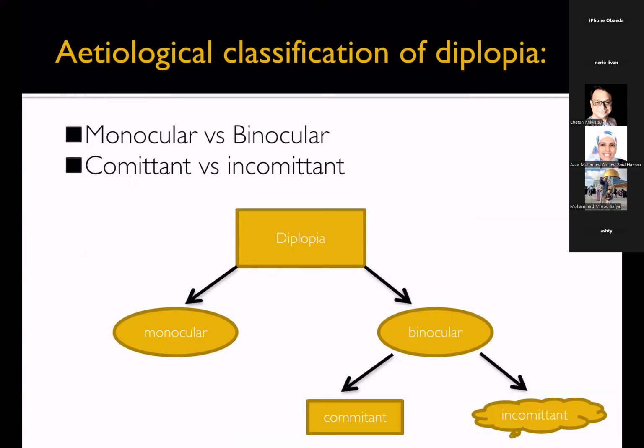Going through the etiological classification of diplopia, whether the diplopia is monocular or binocular, we said that we will go through occlusion of either eye. If the diplopia disappears by occlusion of either eye, it's binocular. If it doesn't disappear by occlusion of either eye, it's monocular. The binocular diplopia can be comitant or incomitant.